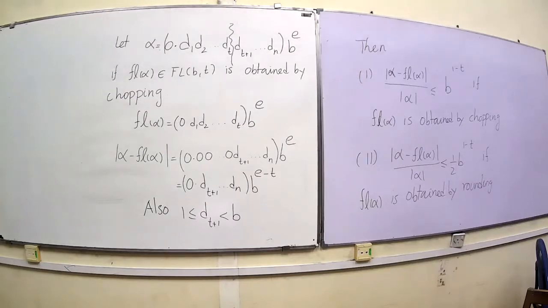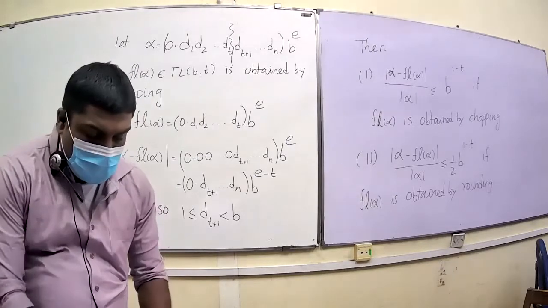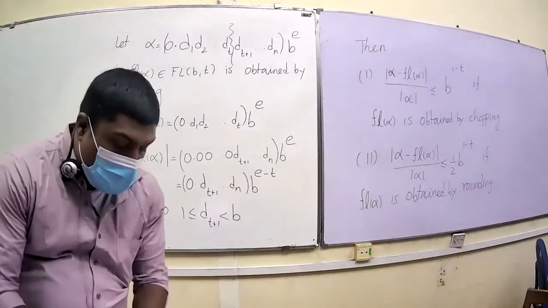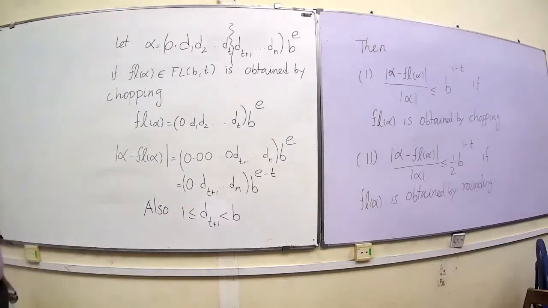That's not a big deal. So you know that the t plus 1 digit should satisfy this condition, because that is how we write the numbers in base b. Now what you are going to do is verify certain things.